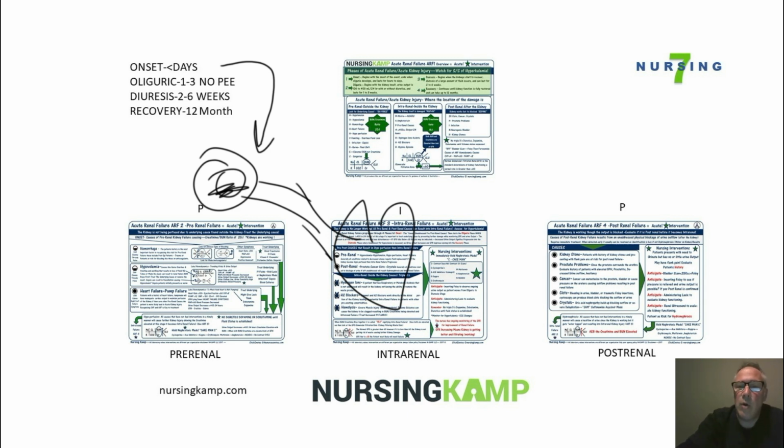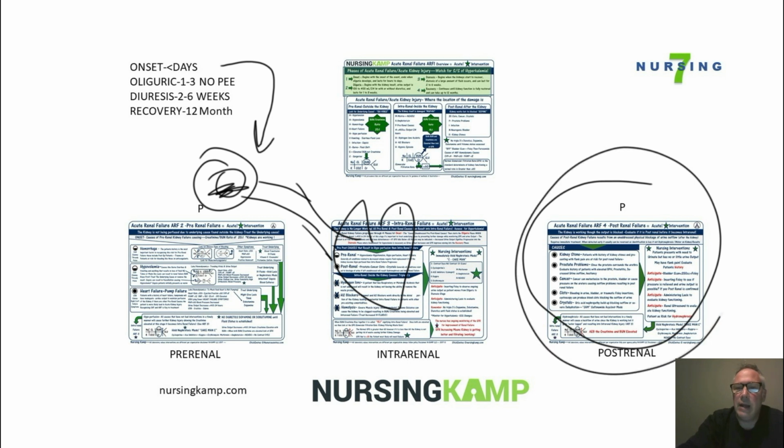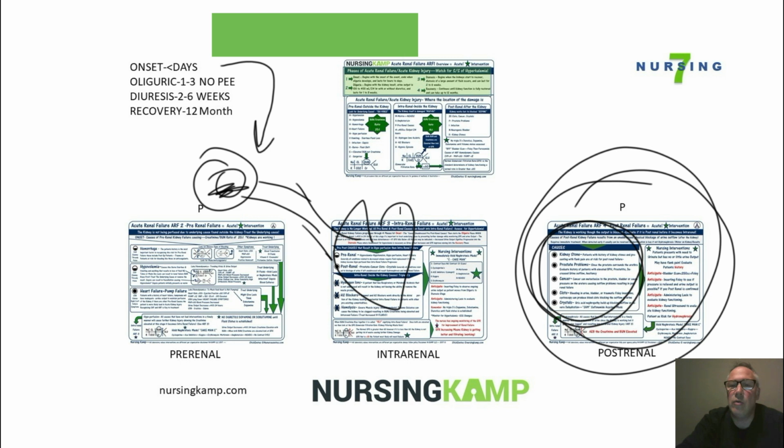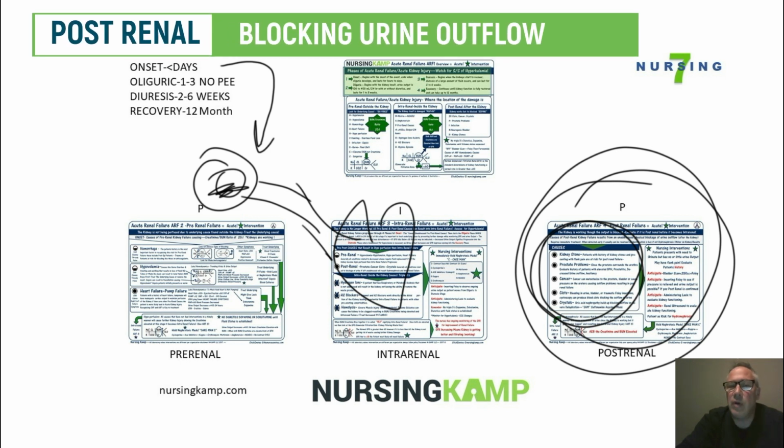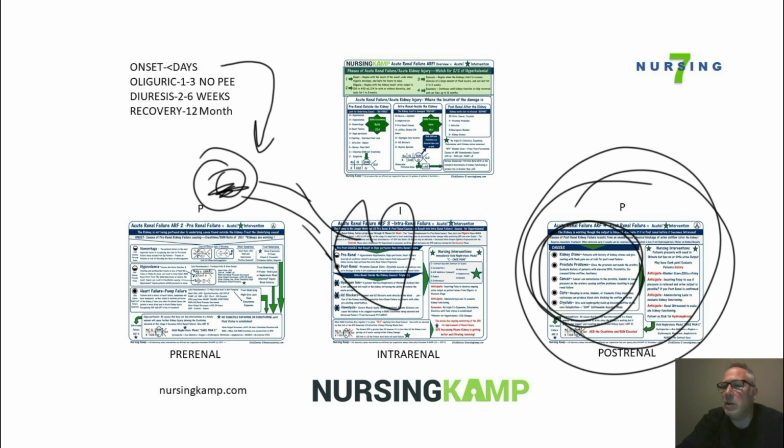With post-renal, because we're going to be talking about that today, the onset is this underlying condition, and those underlying conditions could be kidney stones, clots, cancer, crystals, or prostate problems. That's a little bit different because pre-renal is hemodynamically a process, where this is after the kidney.